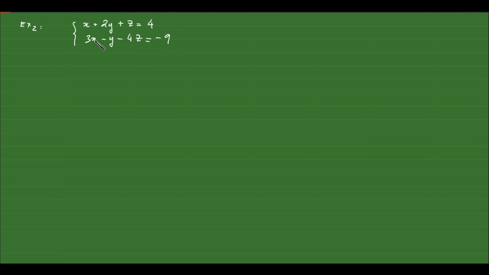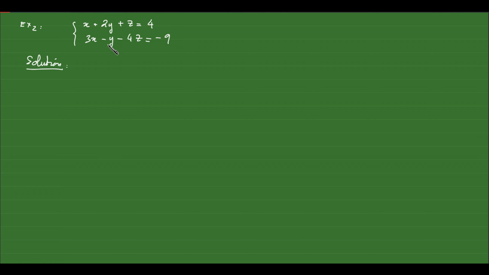Okay, so how are we gonna do in this case? Actually, the third equation is kind of invisible. It's gonna be 0x plus 0y plus 0z equals 0. So that's the third equation right there. So every time you see something like this, you see that.